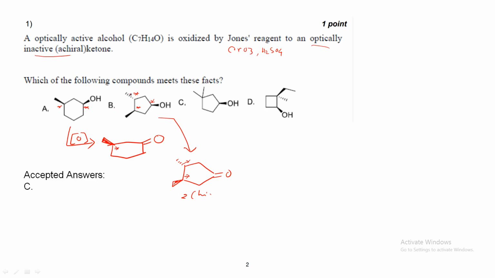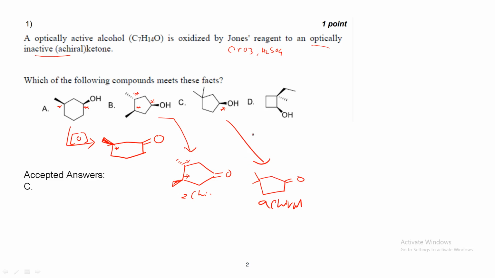Obviously it cannot be achiral, but look at this kind of molecule, where only one chiral center is present, because this center has 2 CH3, so it cannot be a chiral center. So this is a chiral molecule with one chiral center. When we do the oxidation for this case, as we have just one chiral center, it would be destroyed, and that would lead to the formation of an achiral molecule, because there is no chiral center.